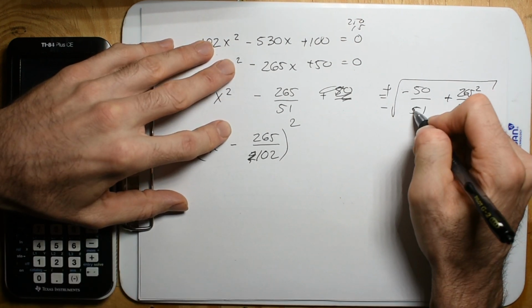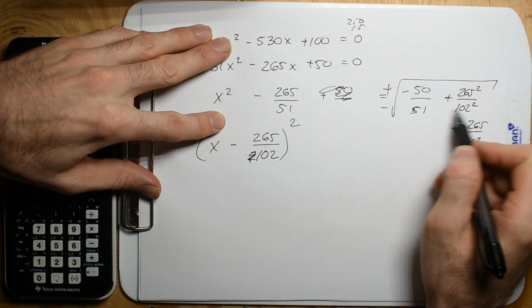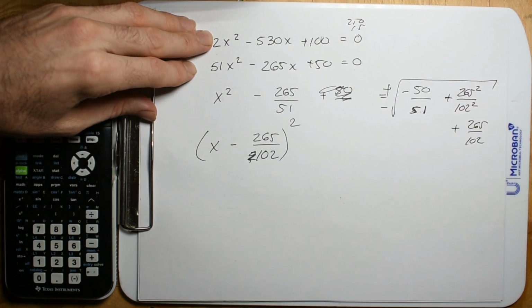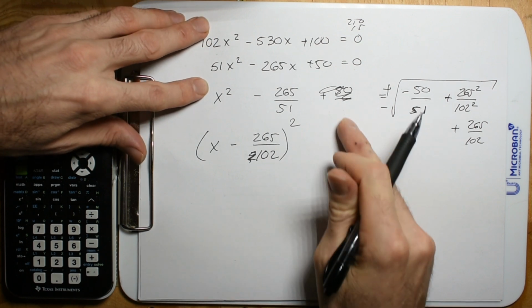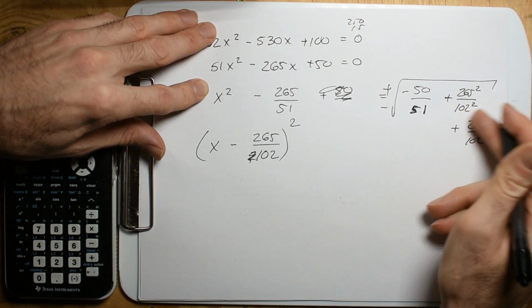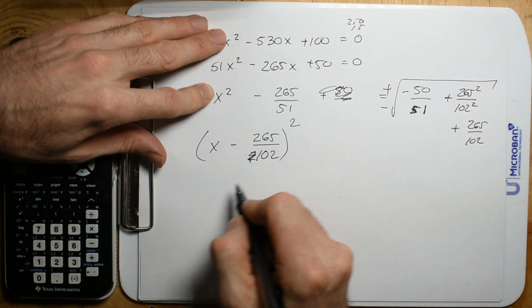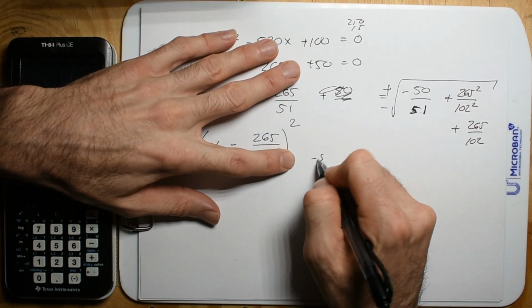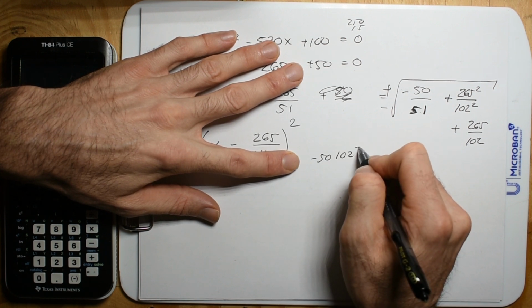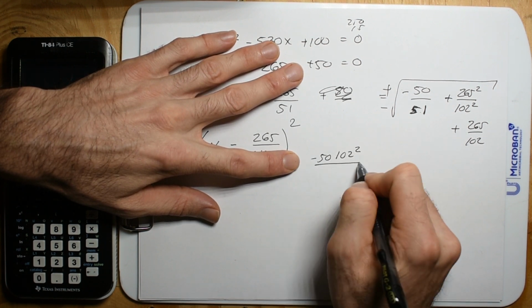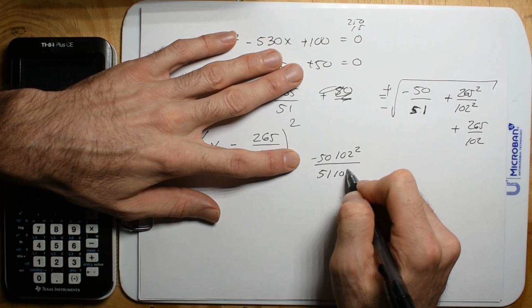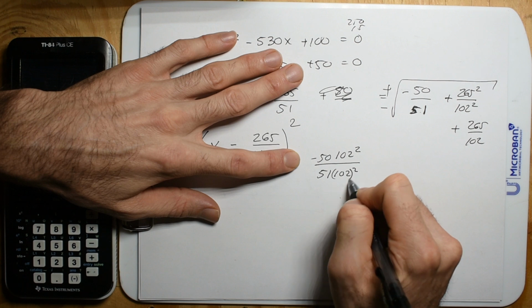Cool. So if I'm going to add these two things together, I got to get the denominators. Oh man, I feel like I messed up. I guess I didn't though. I just have to get the denominators to be the same on both of those. So I'm going to have negative 50 times 102 squared divided by 51 times 102 squared.